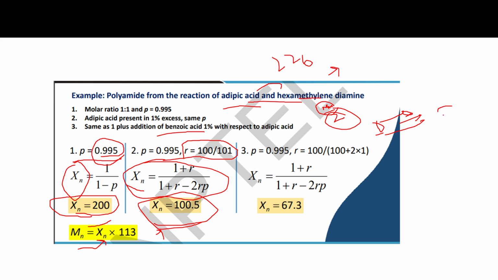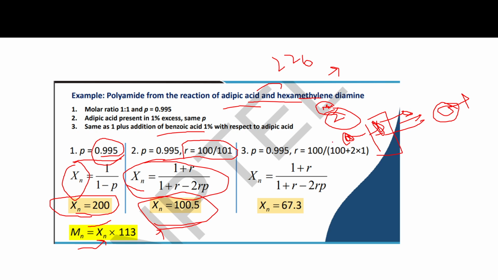But when you add a group with only one functional group, like benzoic acid, it reacts with the alcohol, but there is no next functional group present, so the polymerization stops. So by adding a monofunctional impurity, we can control the molecular weight of this polymer.